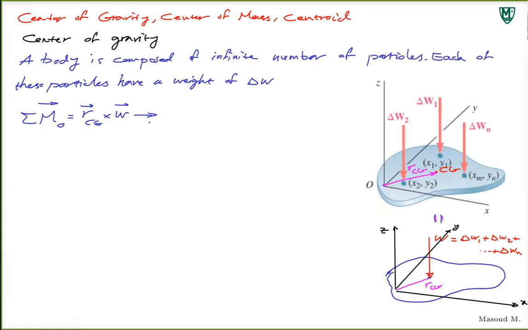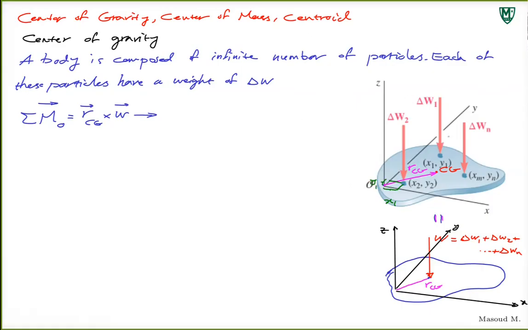So if you follow this logic and write this in a vector form, here's what you will get. For W1, I'm going to decompose it here. This is on X, this is on Y. Let's call this distance X1 and this distance Y1.